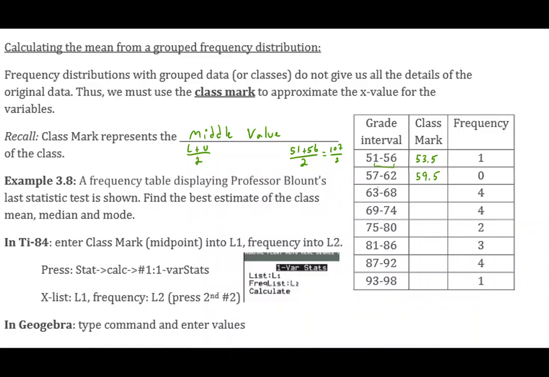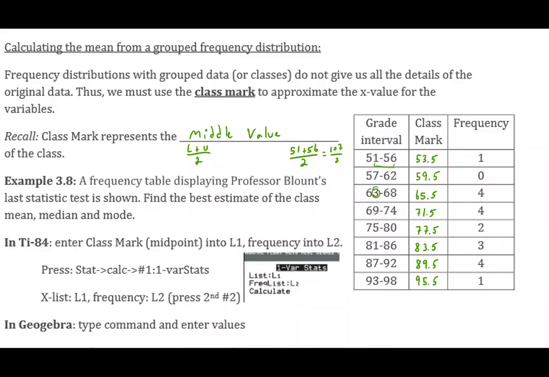I'm just going to add 2.5 to the lower class limit of each of these classes. So 65.5, 71.5, 77.5, 83.5, 89.5, and 95.5.